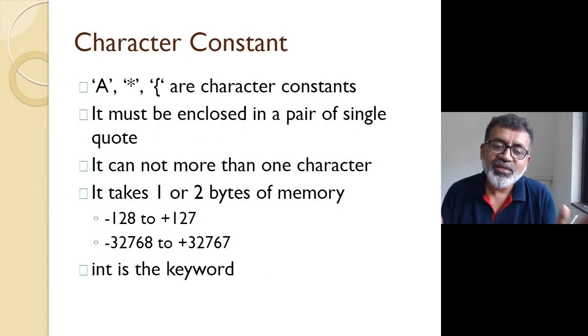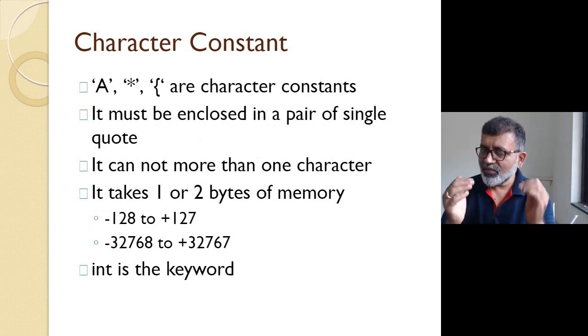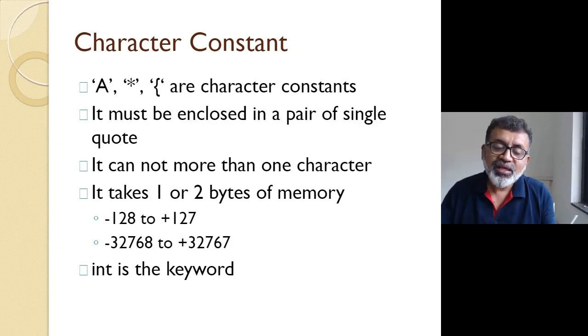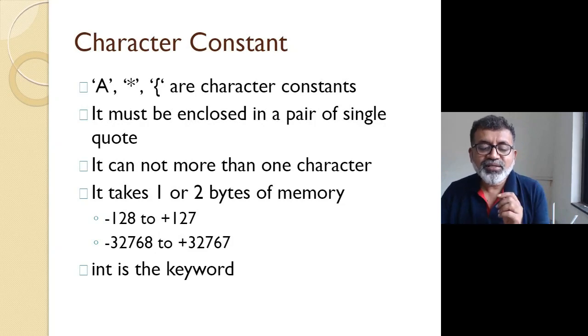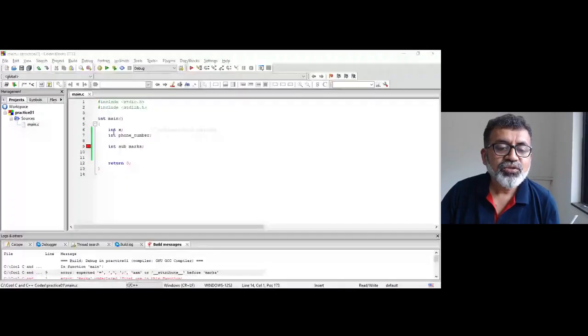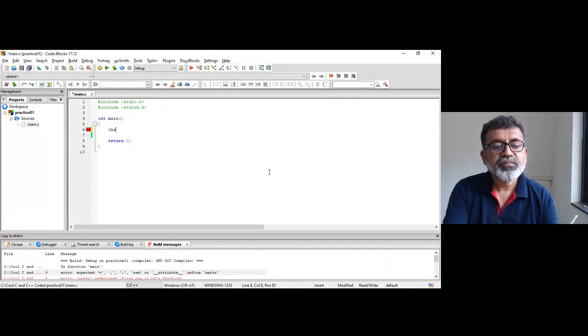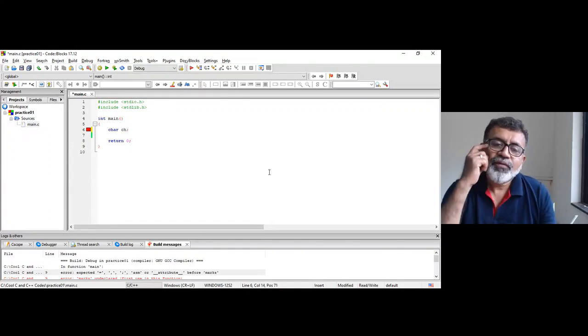The third is the character constant, the last part of primary constants. A single character can be written. Let me share an application. So this is a character variable.